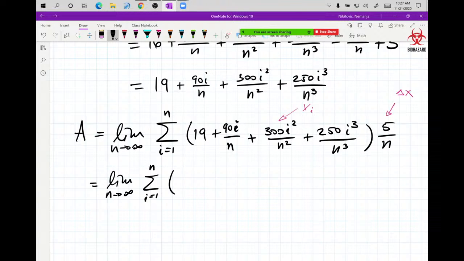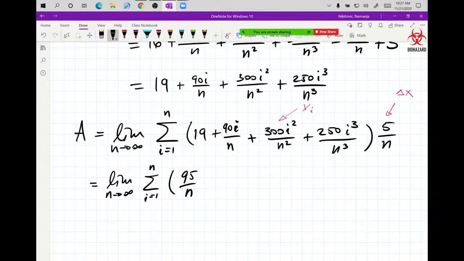19 times 5, that's 95 over n, right? I hope, because 5 times 10 is 50, and 5 times 9 is 45. 50 plus 45 is 95. Or, smarter way to compute, 20 times 5 is 100, but you have 19 fives, not 20 fives, so you overshot by one 5.